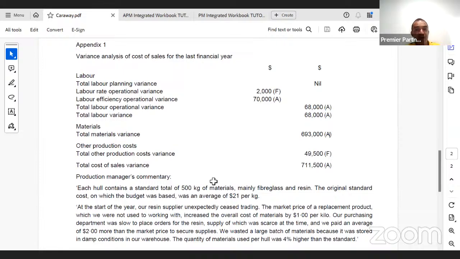And now you can easily explain what went wrong. So this was the initial 693, the reason. I will share this Excel sheet with you, don't worry.